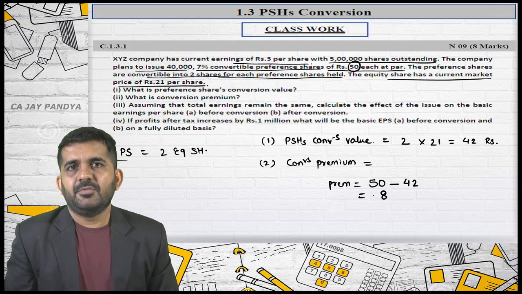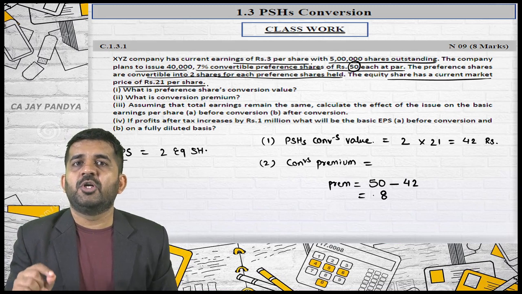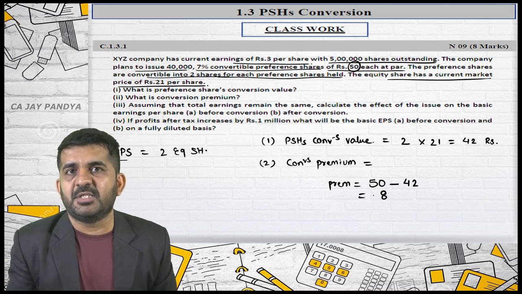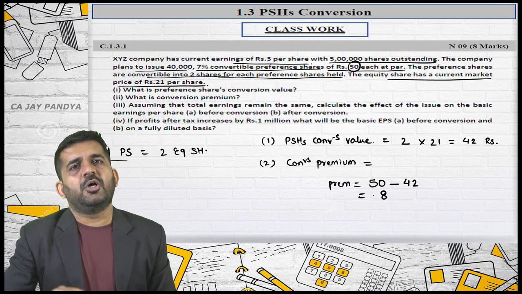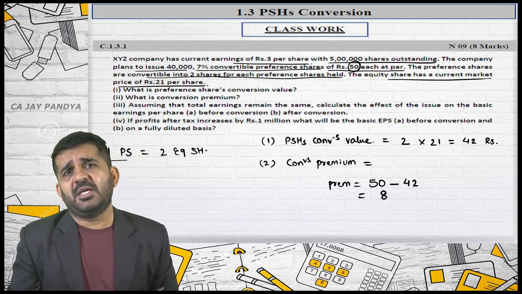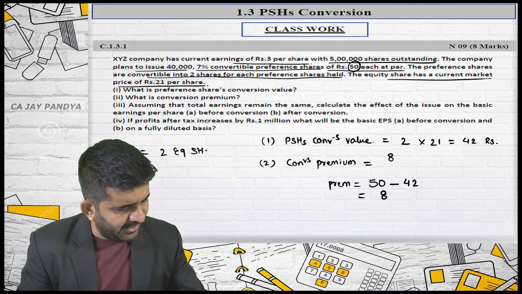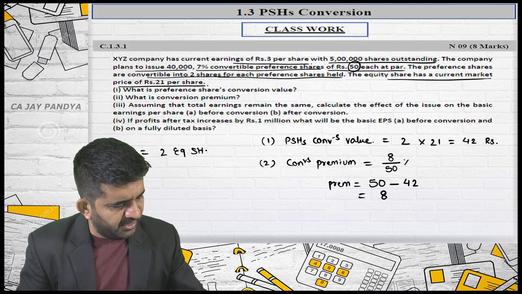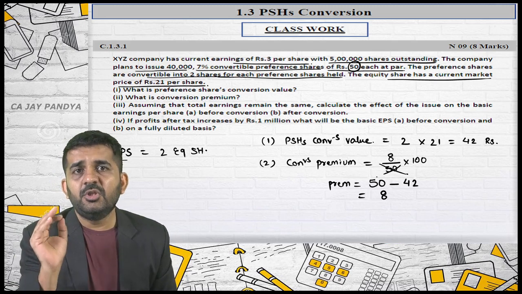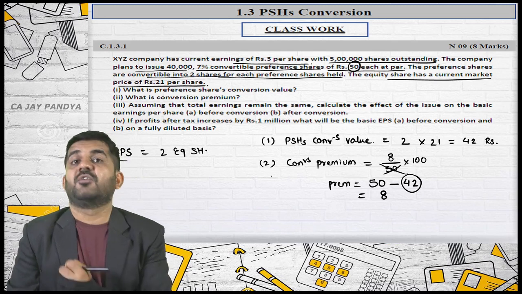Try to understand. You are having a benefit of rupees 8 for not converting your preference shares into equity shares. This is premium. Premium should always be calculated in percentage terms. So it is 8 divided by 50 into 100. Surprisingly, the conversion premium is calculated on 42 and not 50.